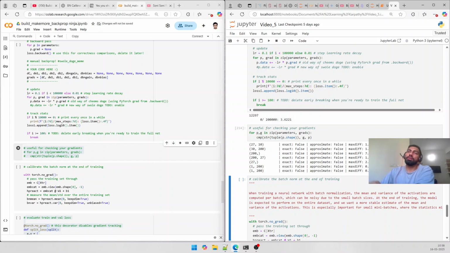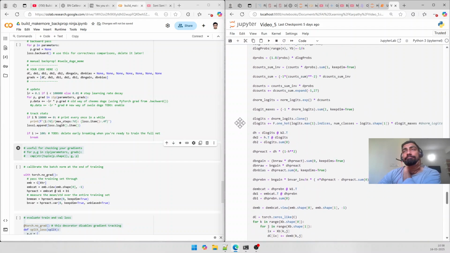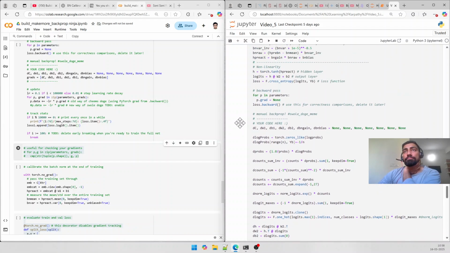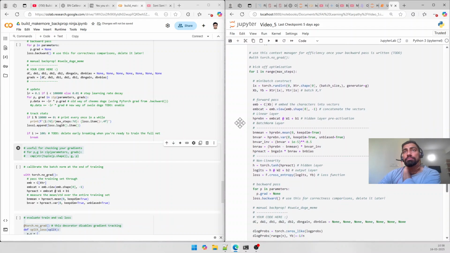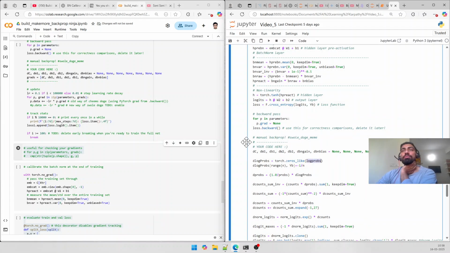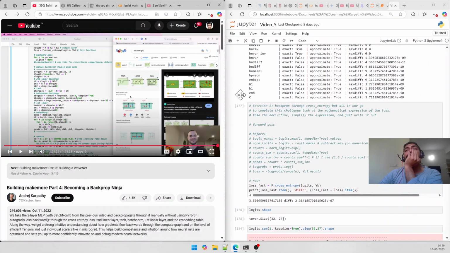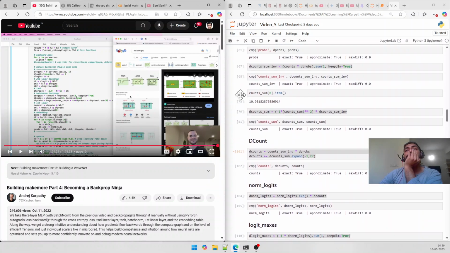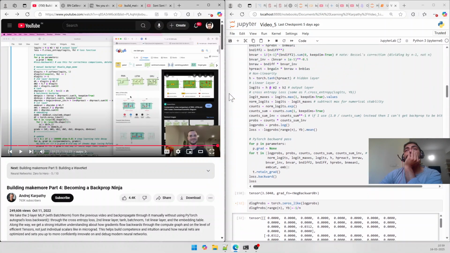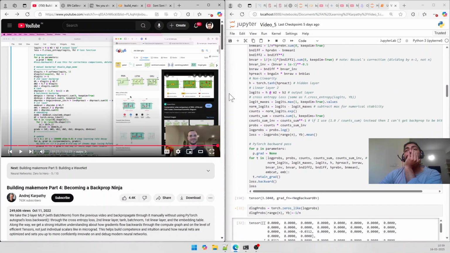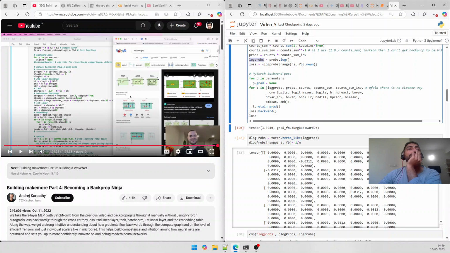That's where the issue is. It's taking log probs. This needs to be calculated, right?